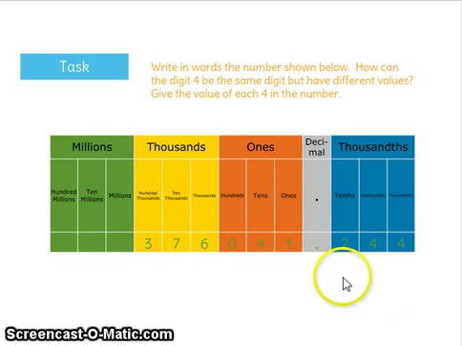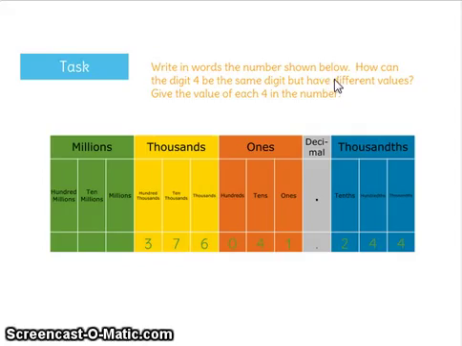Alright. Here's your task now. You have a number here. So it says, write in words the number shown below. How can the digit 4 be the same but have different values? Give the value of each 4 in the number. What I want you to do is this is going to be your exit task for today. So I want you to write in words the number shown below.